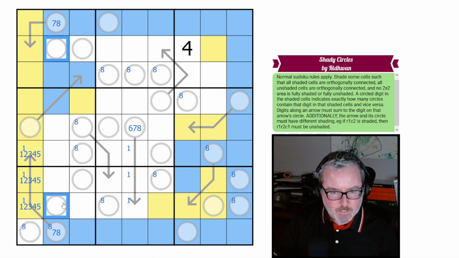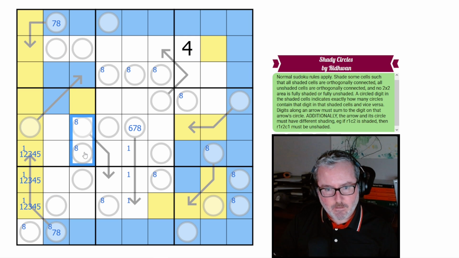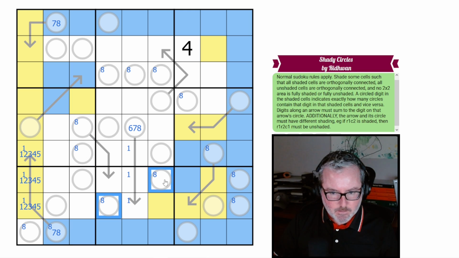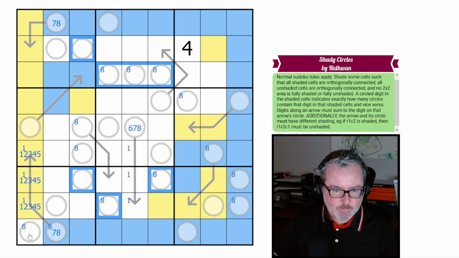Now, neither of these could be 7. We know if this guy doesn't have a 7, it would be one of these two first off. Let's say it does not have a 7. We would know that one of these does. What else would we know? One of these would. Essentially one of these. So it would have to be, well, no, because we don't know which one is the 7.